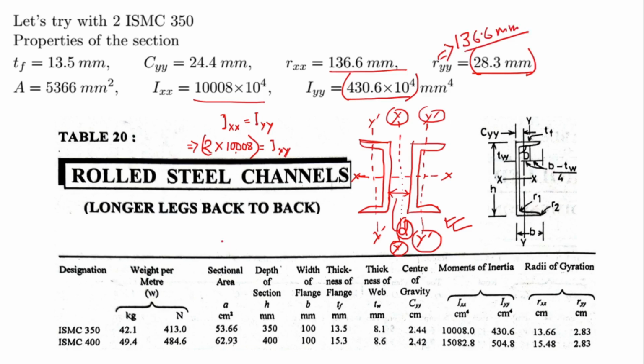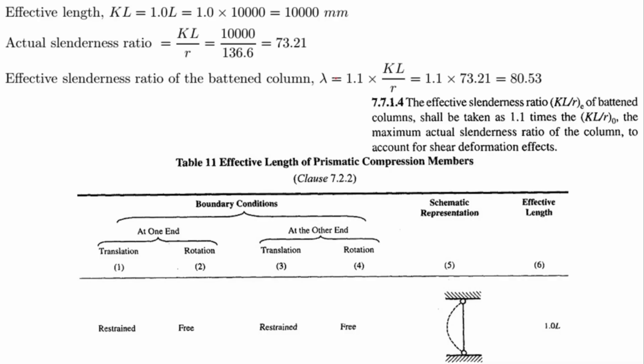Means when I calculate the value of the following, Ixx equal Iyy and then Rxx equal to Ryy. Therefore, here we have used radius of gyration as 136.6 mm, which is the maximum in between Rxx and Ryy.